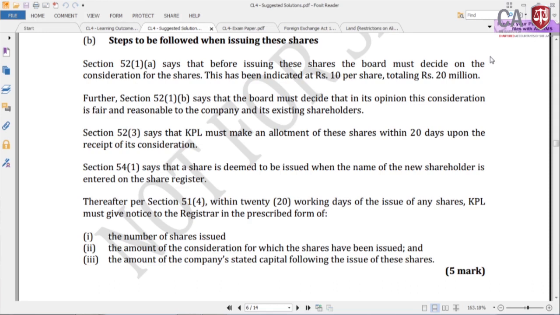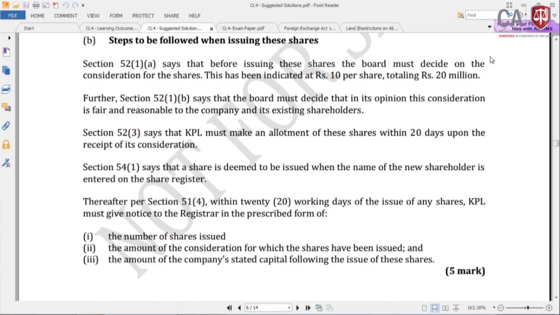That you are getting, or what you have to obtain from the parent company. This has been indicated as ₹10 per share totaling to 20 million. Further, section 52(1)(b) says that the board must decide that in the opinion this consideration is fair and reasonable to the company and its existing shareholders.